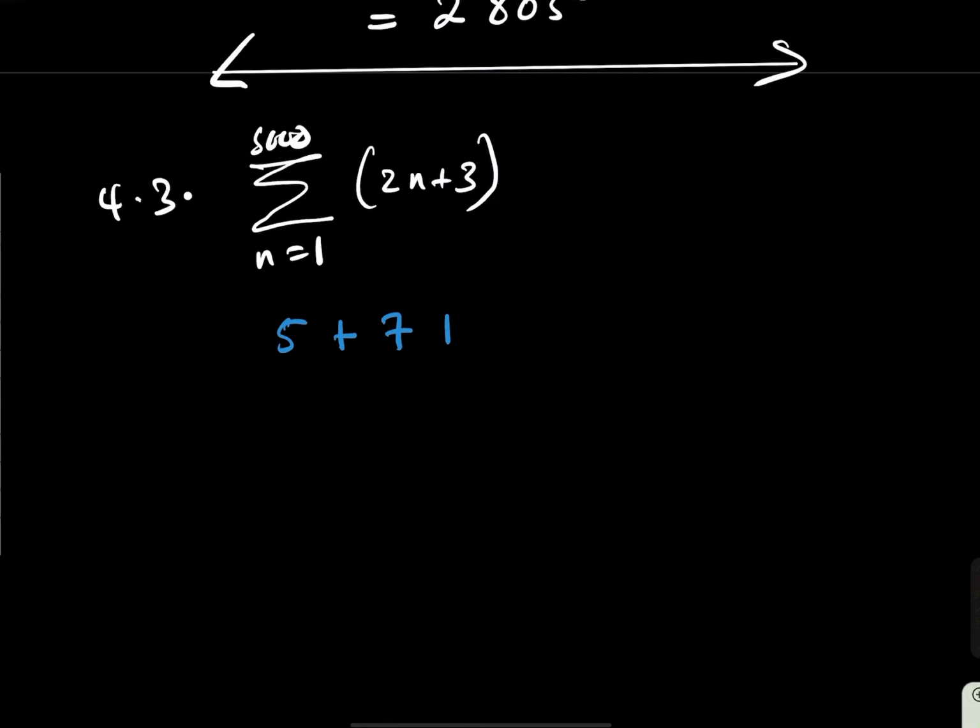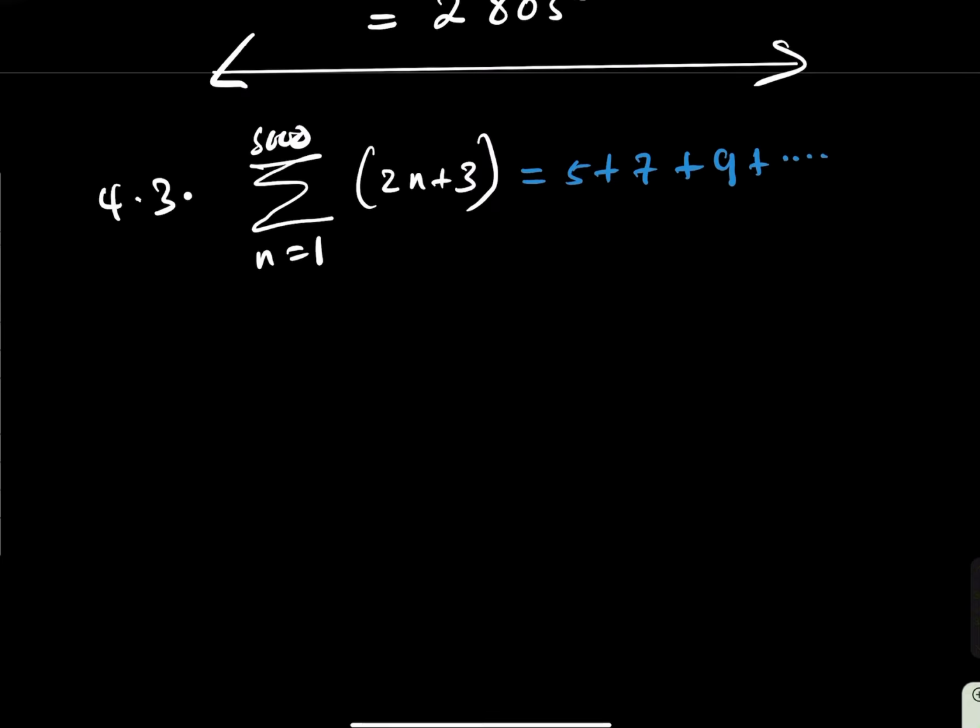And then a plus, sigma means the sum. Now you go to 3. So this is 2 times 3, and then you get 6 plus 3, and that is 9. So the first 3 terms in the sigma notation are 5 plus 7 plus 9.